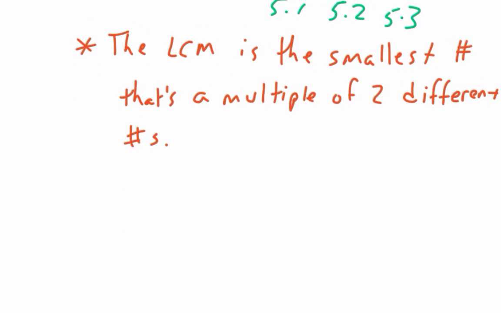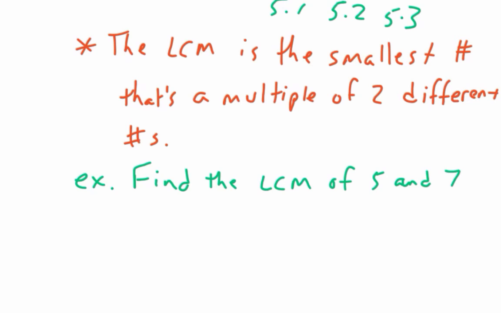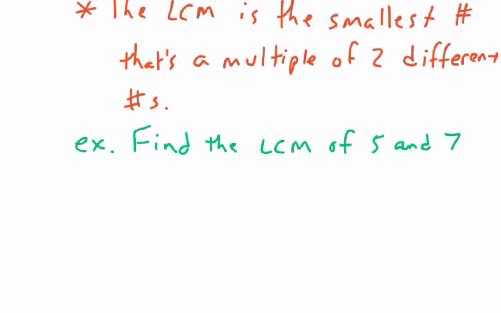And to do an example of that. All right, so for an example, find the least common multiple of 5 and 7. It's written there. What I would just do then is start by listing them off. So if I have 5, it's going to be 5, 10, 15, 20, 25, maybe start there.